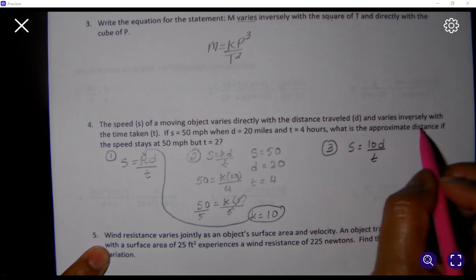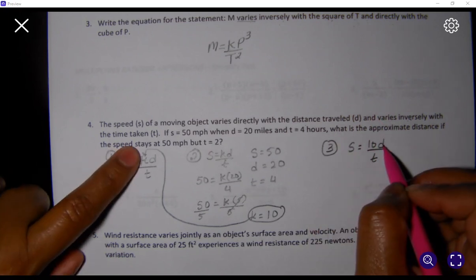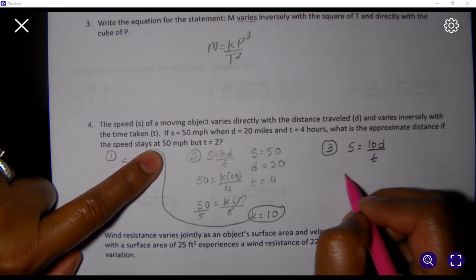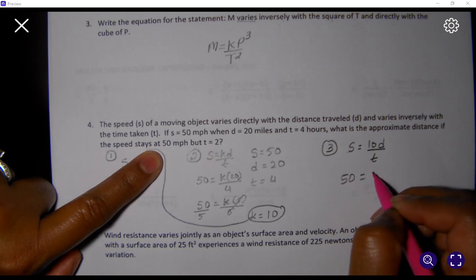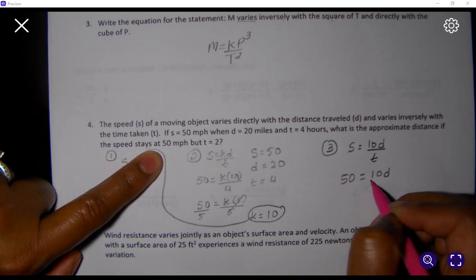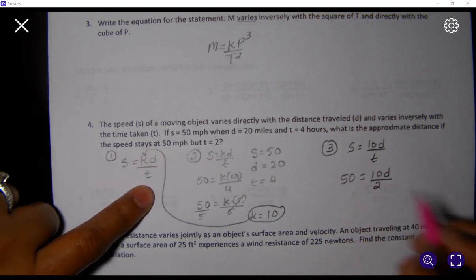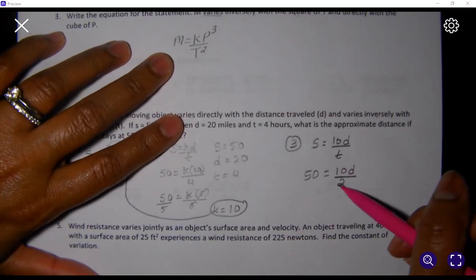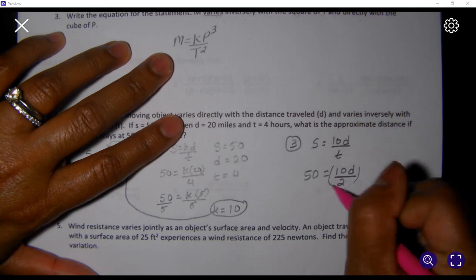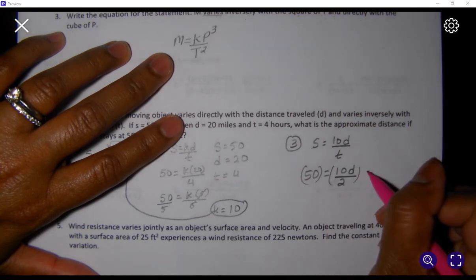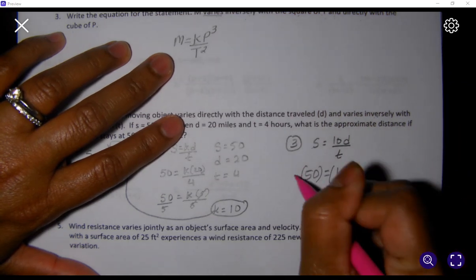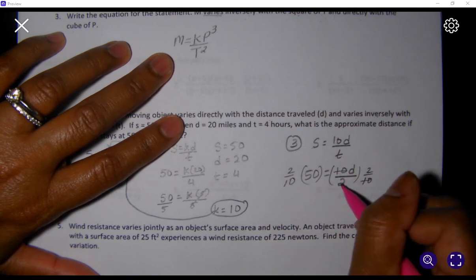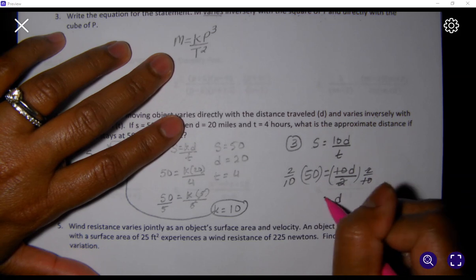It says what is approximate distance, so d, if the speed stays at 50, so my speed stays at 50, but my time changes to 2. All right, we're going to solve for d here. There's a couple of ways. You can get rid of the fraction by multiplying both sides by the reciprocal. So you can do 2 over 10, 2 over 10. So that just crosses out the 10s, crosses out the 2s, and you just have d by itself.